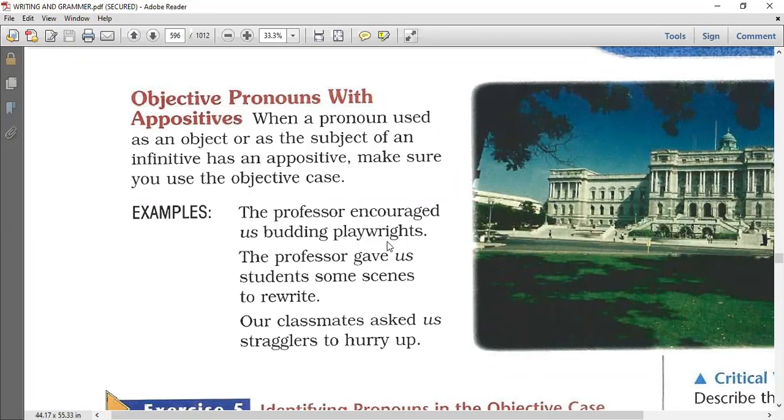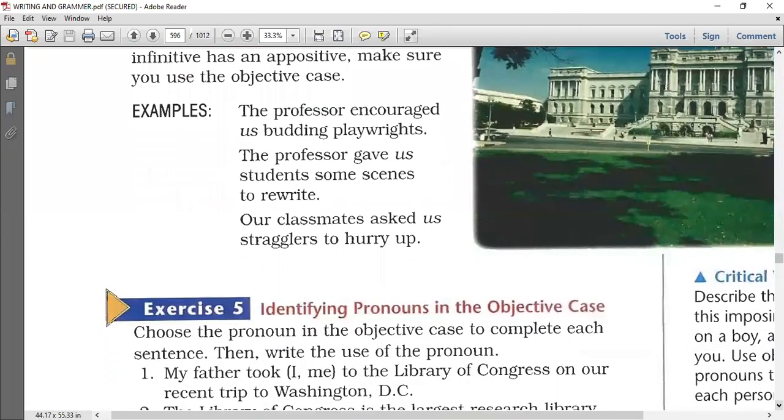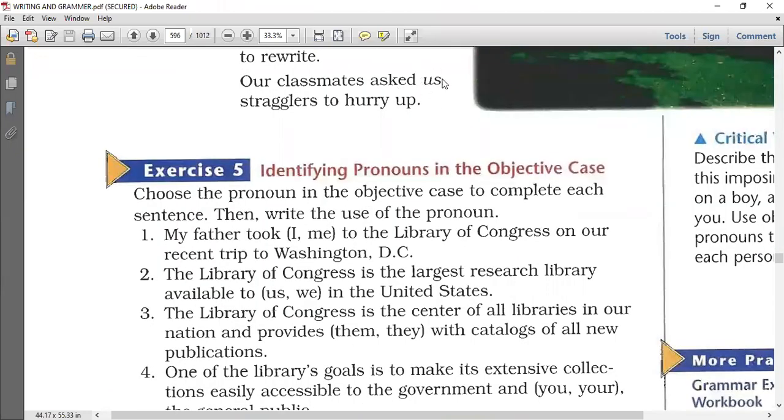Okay. The professor gave us some scenes to write. Who are us? Students. Our classmates asked us stragglers. Who are stragglers? If we are walking on the road and some people struggle, they are late. They are walking slowly. Okay. So we have a verb. After the verb, we need the object of the verb, the object pronoun.